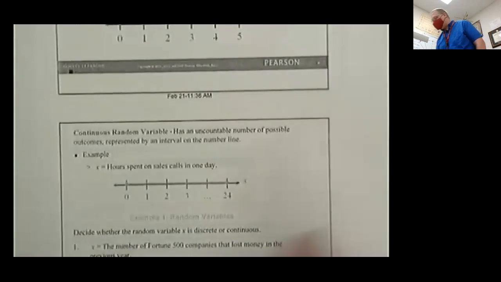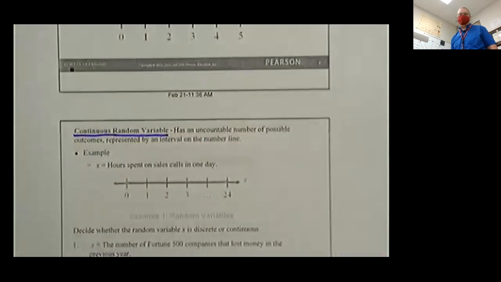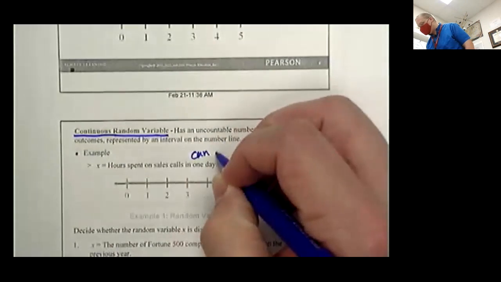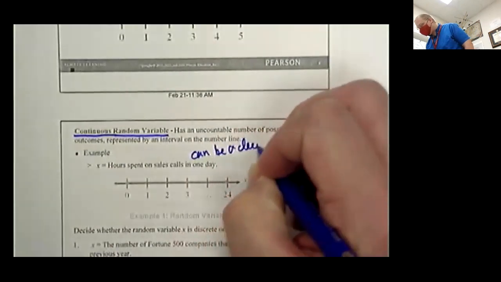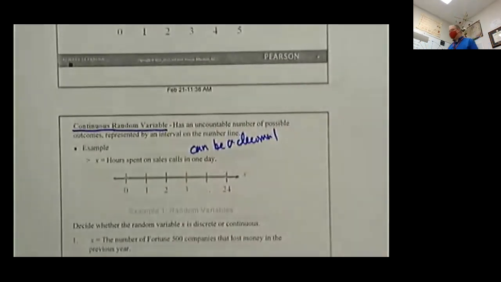The other option is a continuous random variable. A continuous random variable has an uncountable number of possible outcomes represented by an interval on the number line. This one can be a decimal or fraction. For example, the number of hours spent on sales calls. Well, you could spend 1.5 hours.